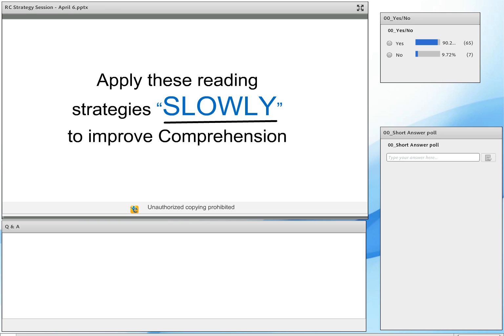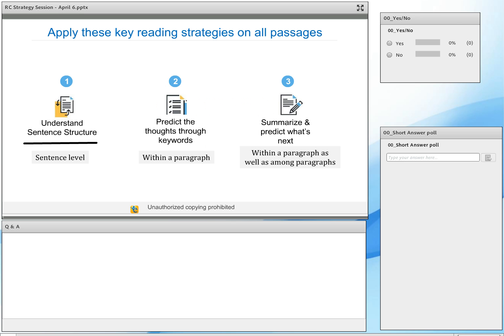Now my next question is, how many of you believe that these 3 strategies that we saw on the previous screen will help with comprehension? Almost everyone. So it's my request to you to please keep the timing issue aside.